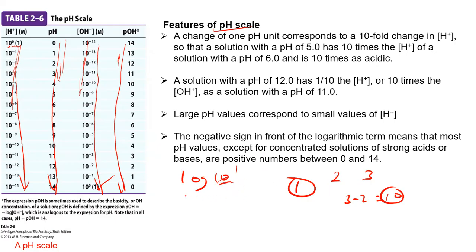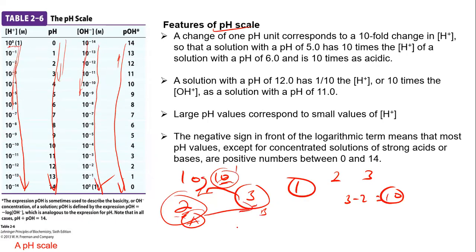It means if I have an acid which has a pH of 2 and another one which has a pH of 3, ideally the 2 will be stronger than the 3, right? Good. And it's stronger than it by 1 unit. That 1 unit means 10. And so it means that this acid, assuming the 2 is A and the 3 is B, the A is 10 times stronger than the B. Are we following? The A is 10 times stronger than the B.